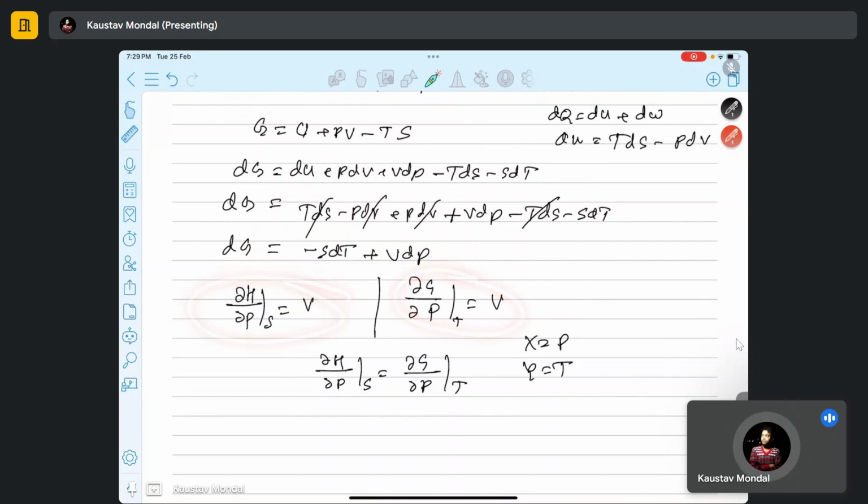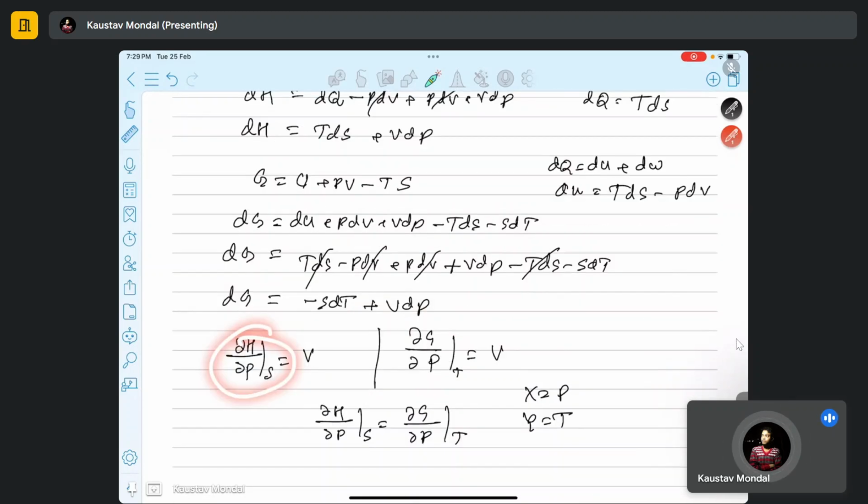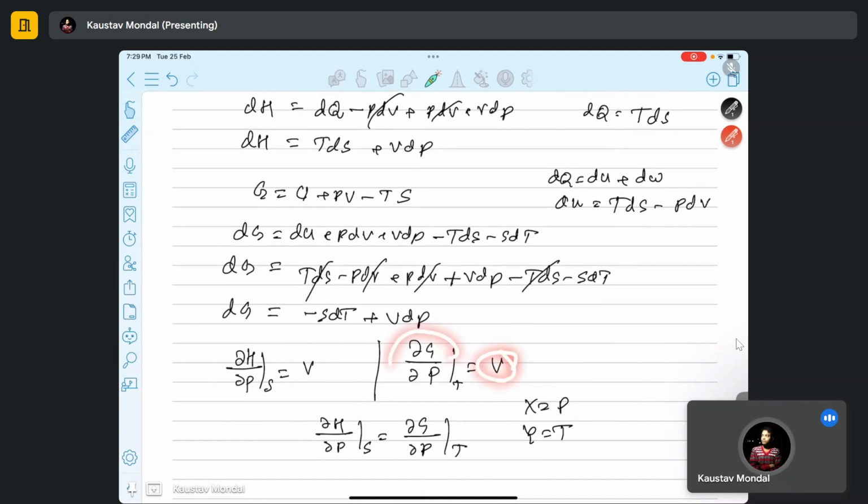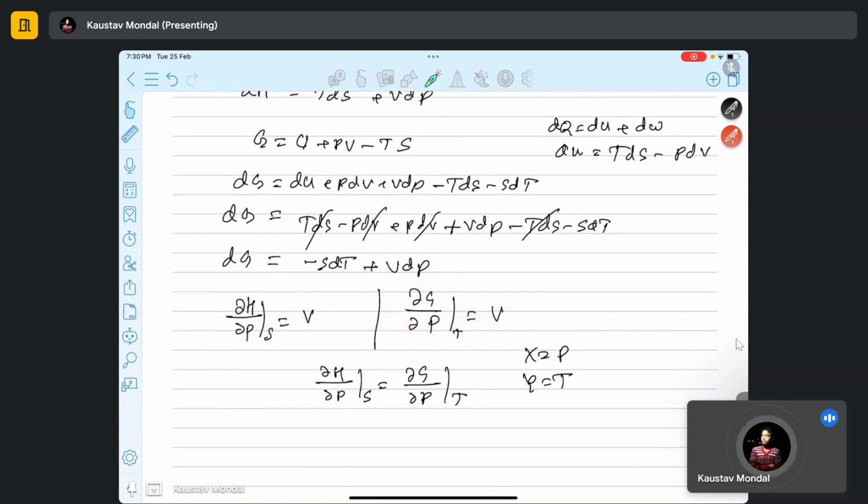By differentiating the Gibbs free energy with respect to P at constant T you get the volume V, which is exactly equal to del H del P at constant S. So that means x will be P and y will be T as the answer. Okay, that's it. Now we move to problem 2.